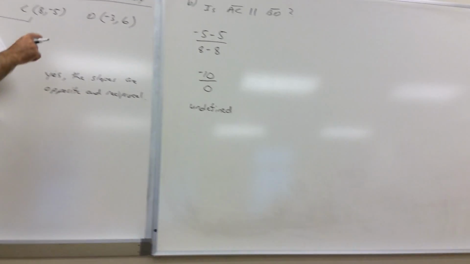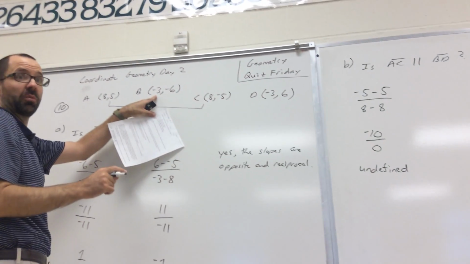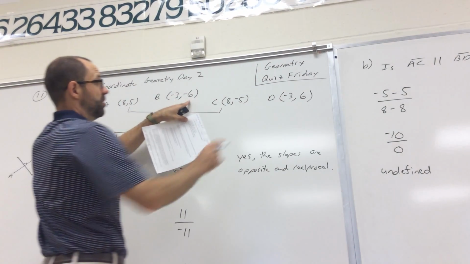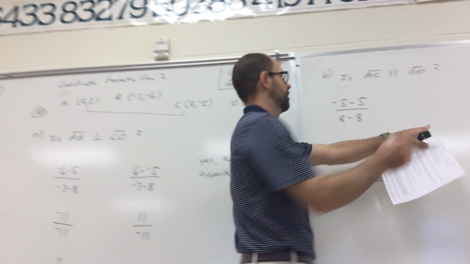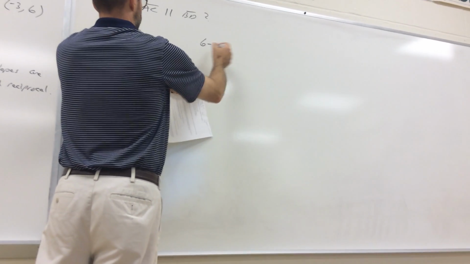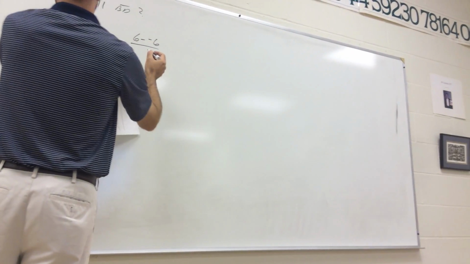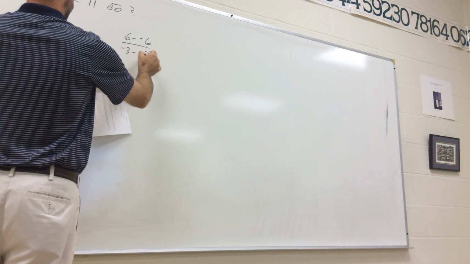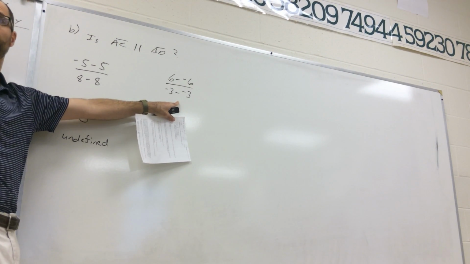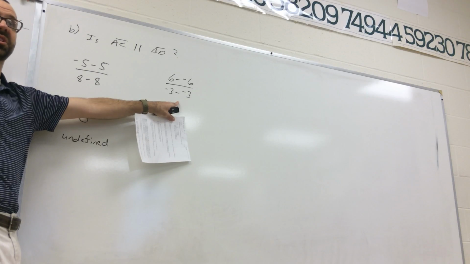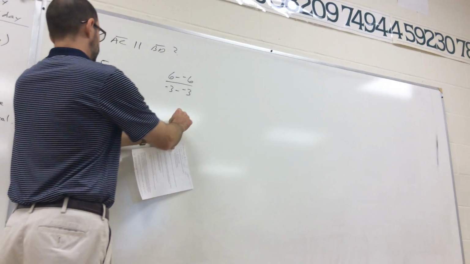Now we're going to go from B to D and figure out the slope there. So that's 6 minus negative 6 over negative 3 minus negative 3. 6 minus negative 6 is 12.